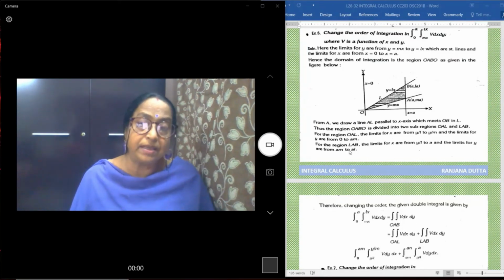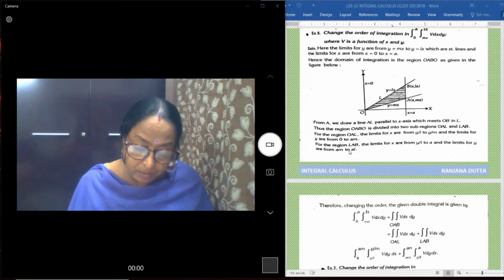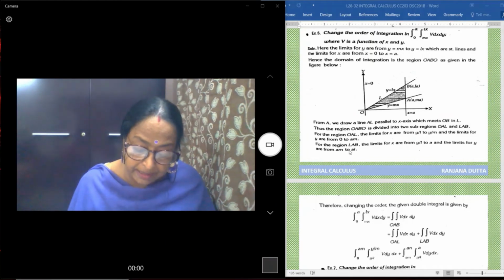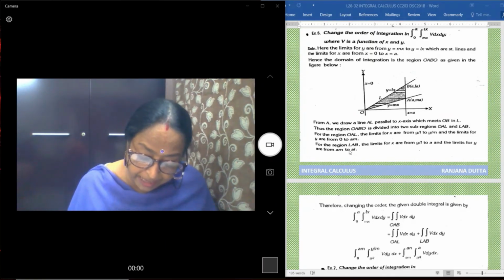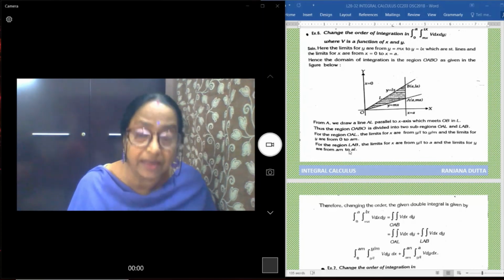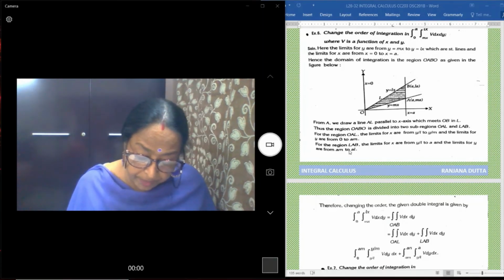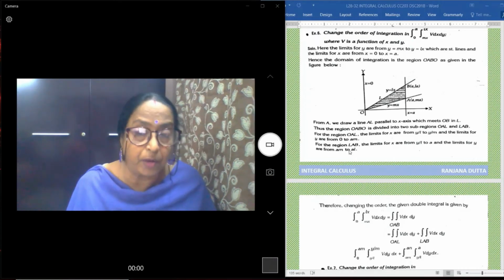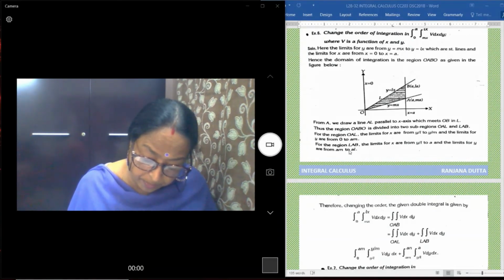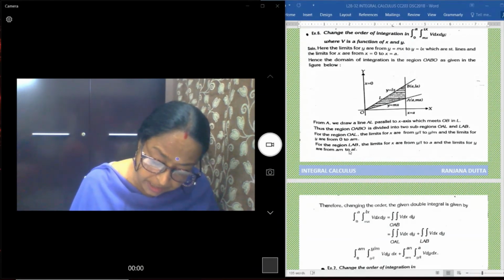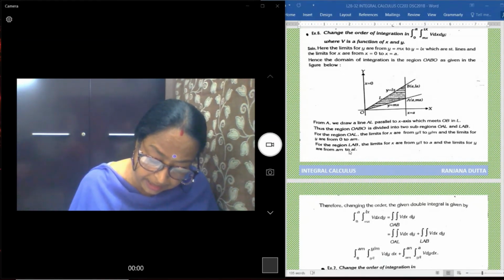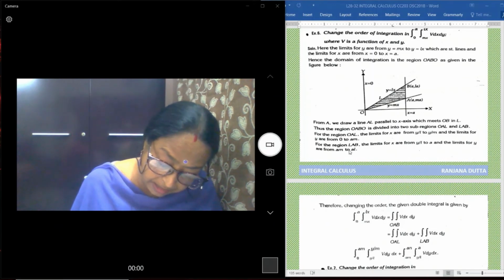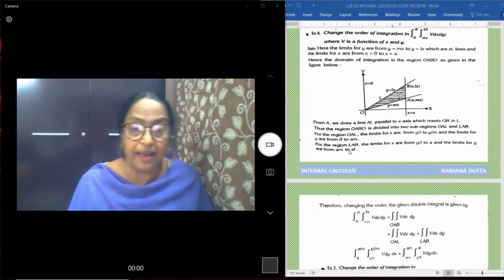So you can see the two slanting lines, but here the portion changes, the lines intersect the line x equal to a in two points. The point of intersection for one becomes a, ma, and for the second it becomes a, la.